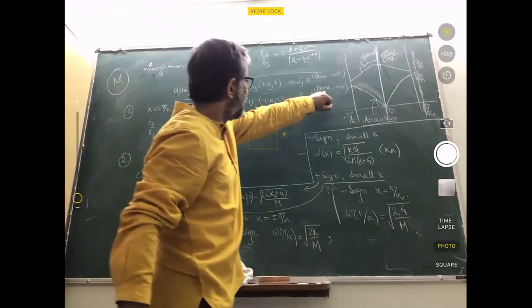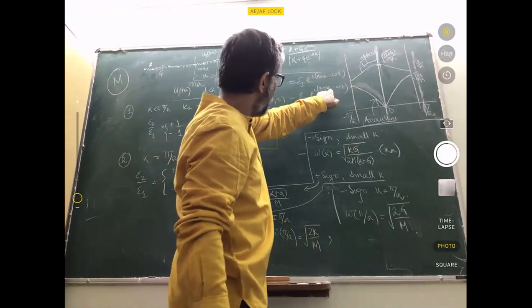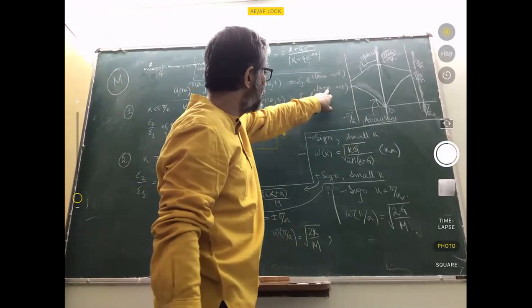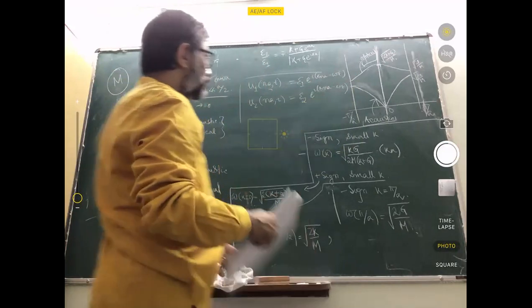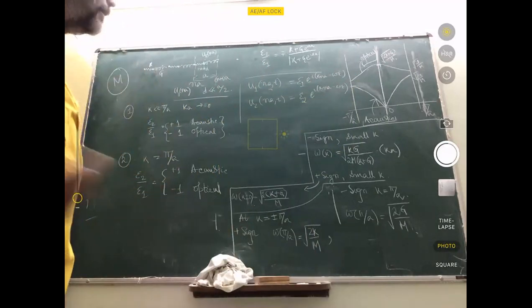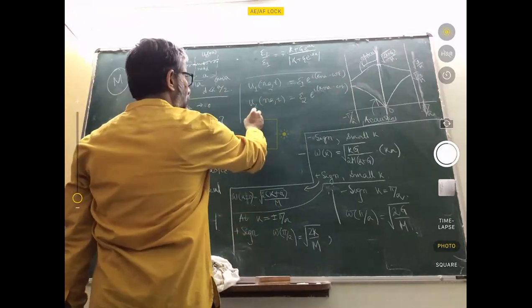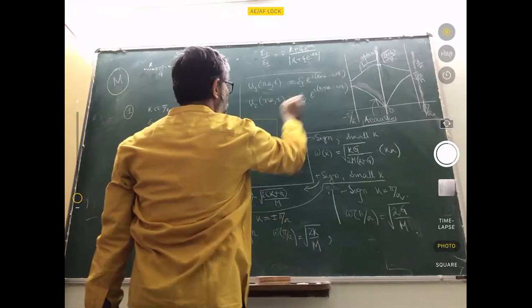So one thing to understand is that as you go from one cell to another cell, what changes here is this n. n goes to n plus 1. Now when n goes to n plus 1, you pick up a factor.